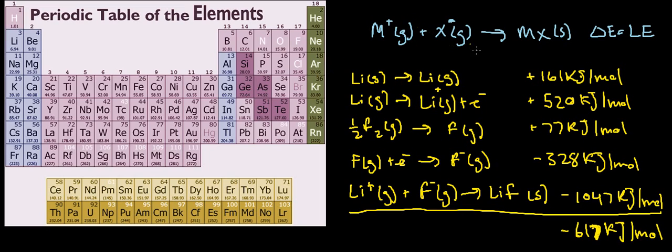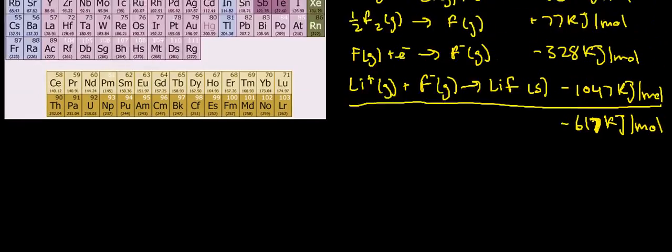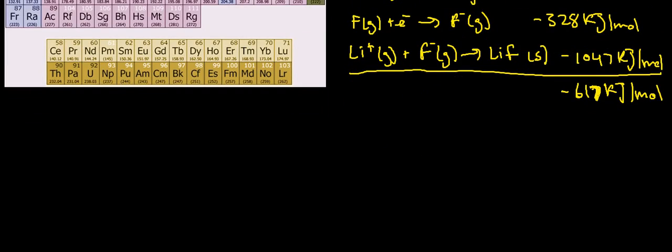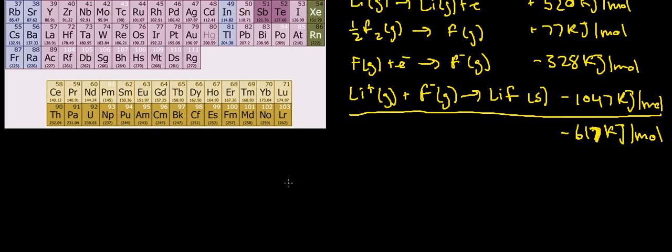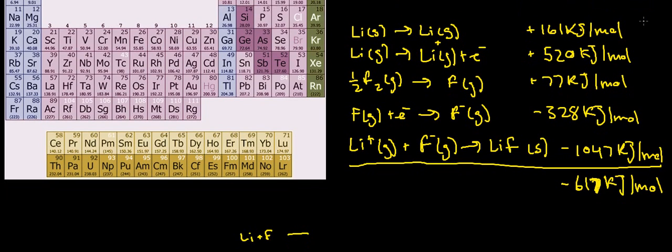If I look at what is required, let me just draw this out into an energy diagram. So let's say I've got just lithium and fluorine here. Actually the lattice energy part's over. Lattice energy is pretty simple.